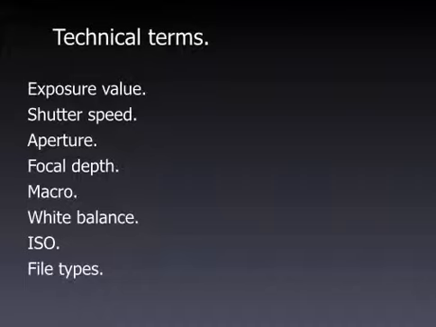We need to talk about focal depth, how much of the image is in focus. Ideally we want all the image in focus, not just the front teeth. Macro, how close can we go?